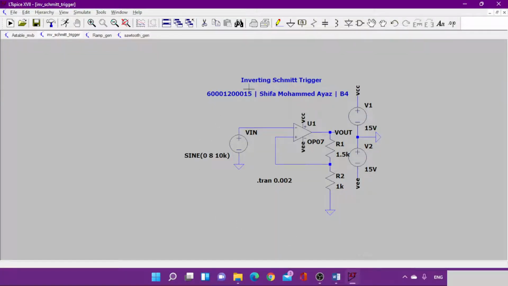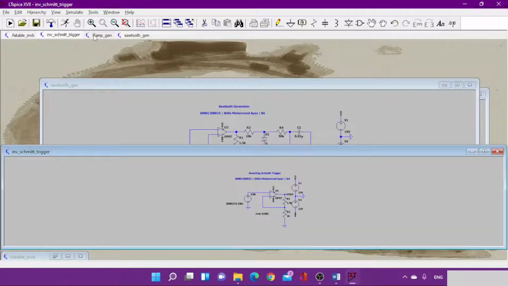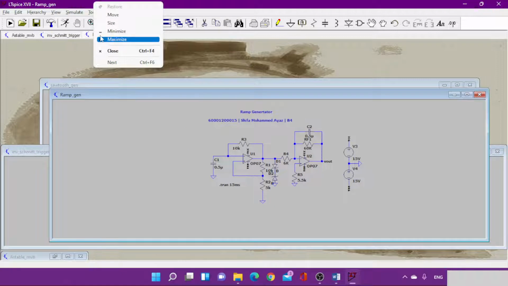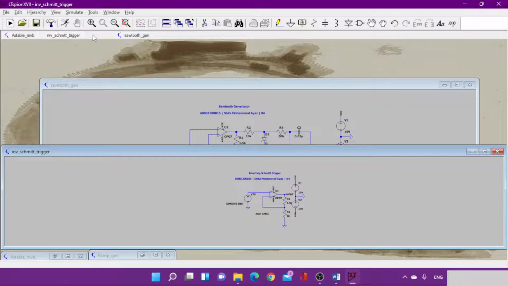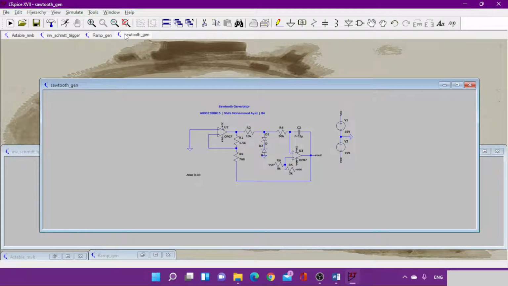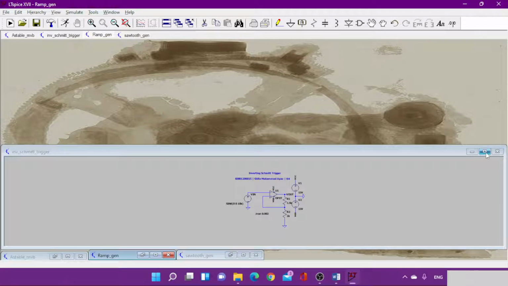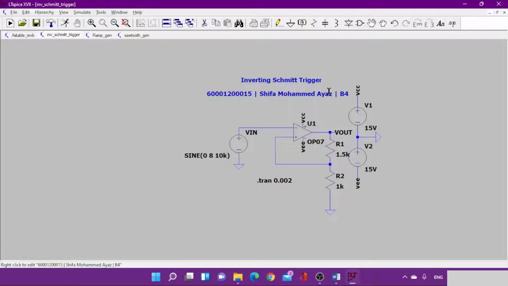So this is how my inverting Schmitt trigger looks like.